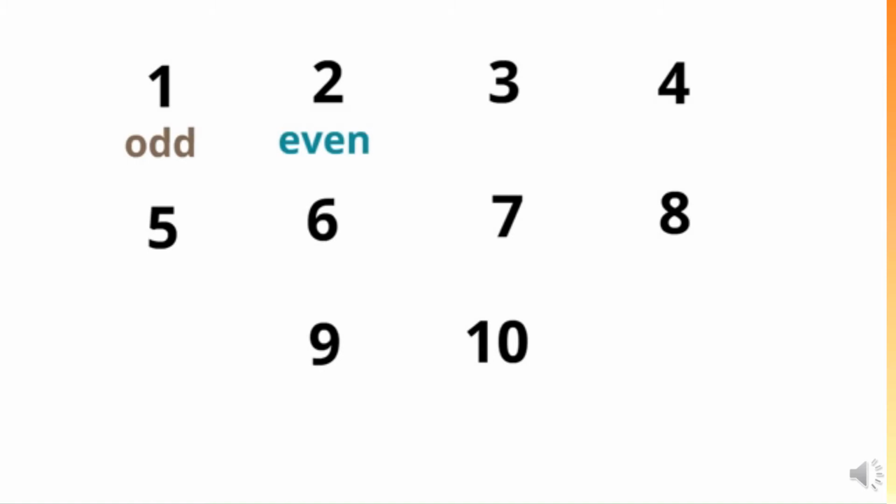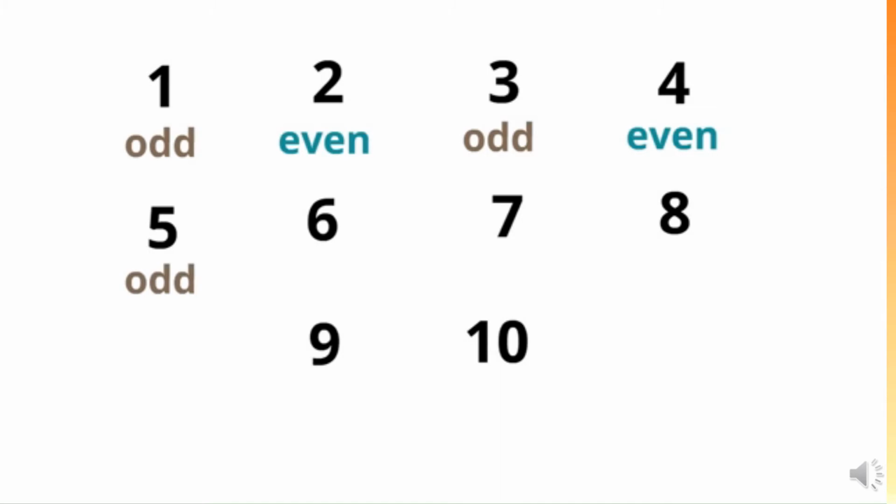Now, if it alternates, which one is number 3, odd or even? It's odd. Now, if 3 is odd, that means 4 is even. Good job. So, if 4 is even, that means 5 is odd.